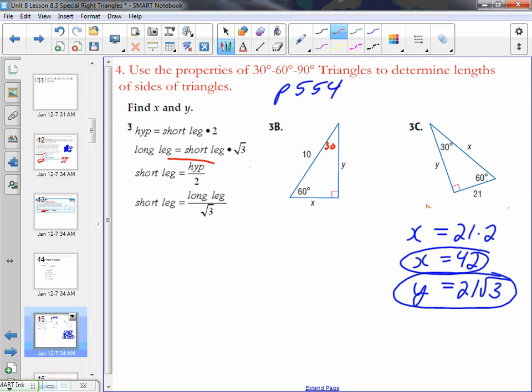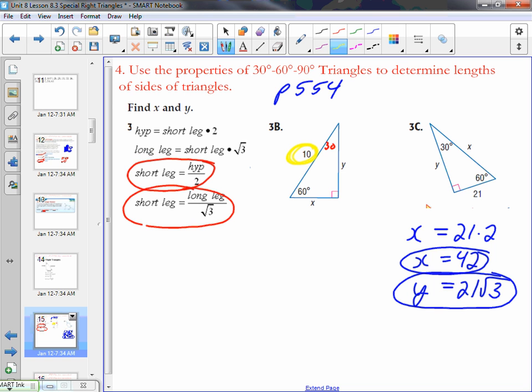And look, there's two different equations for us to find the length of the short leg. I have to decide which one is the one that's useful. Look what I do know. What I do know is that that's 10. Is 10 the short leg, the long leg, or the hypotenuse? It's the hypotenuse.